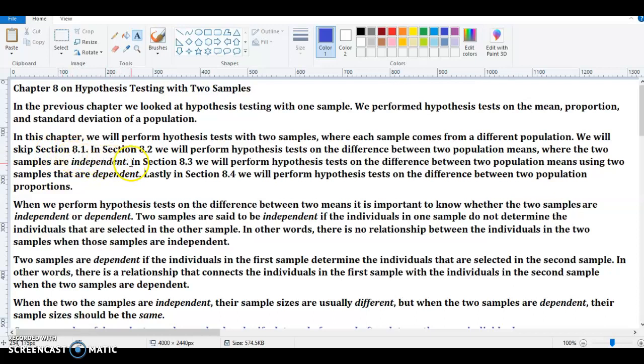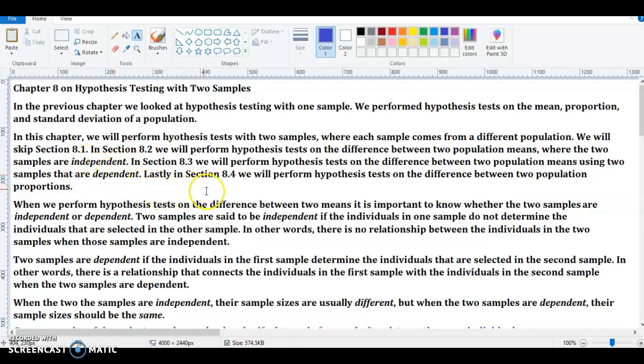In section 8.2, we will perform hypothesis tests on the difference between two population means, where the two samples are independent. In section 8.3, we will perform hypothesis tests on the difference between two population means using two samples that are dependent. In just a few minutes, we'll describe the difference between independent samples and dependent samples.